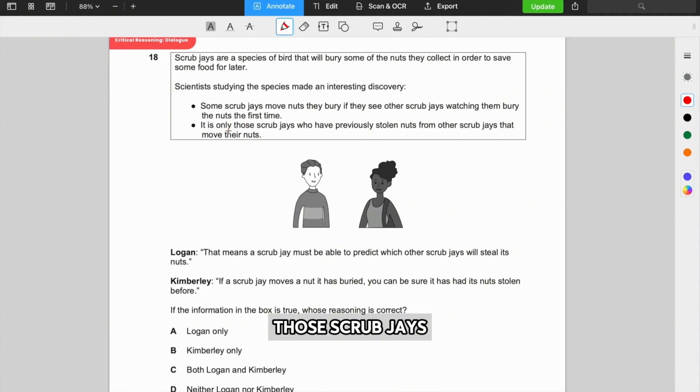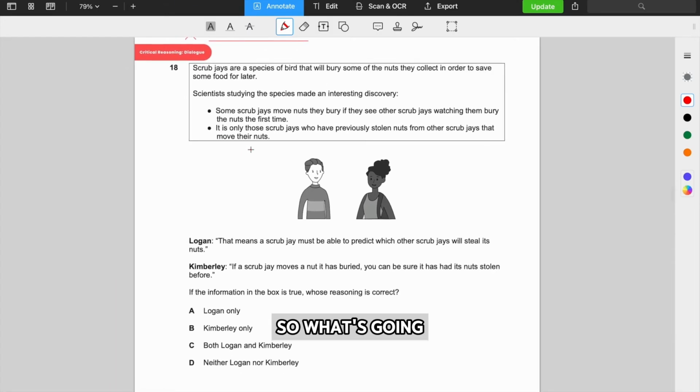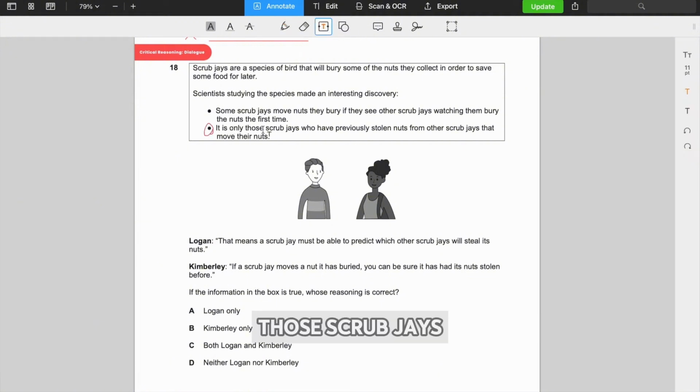It is only those scrub jays who have previously stolen nuts from other scrub jays that move their nuts. Okay, so what's going on? Let's first break down the second statement. It is only those scrub jays who have previously stolen nuts from other scrub jays that move their nuts.